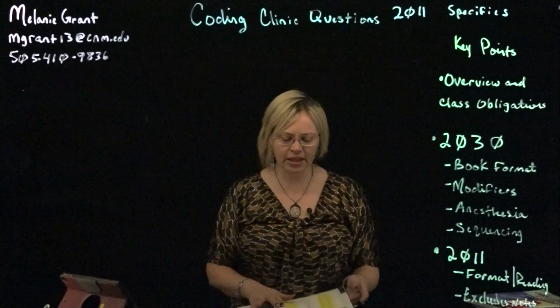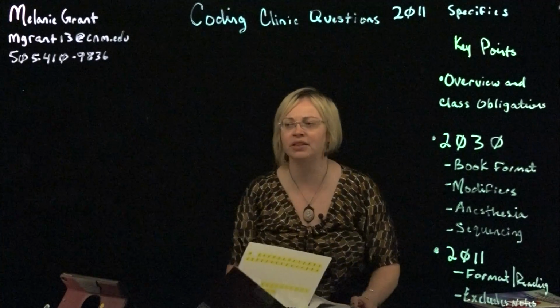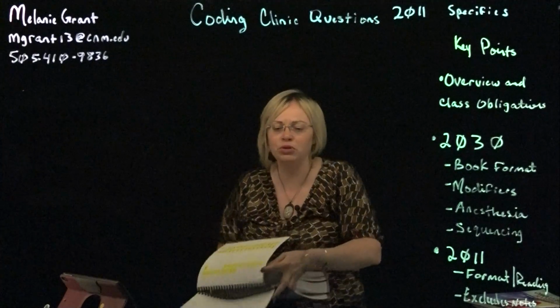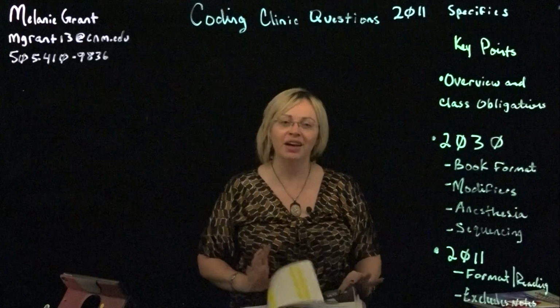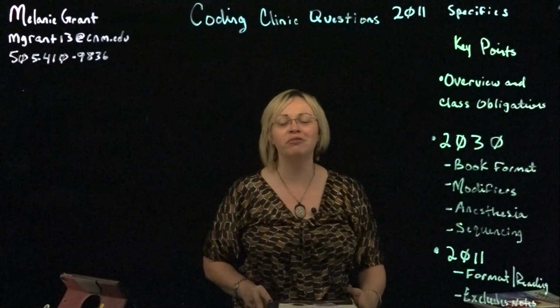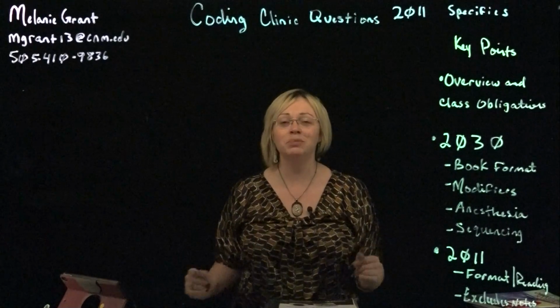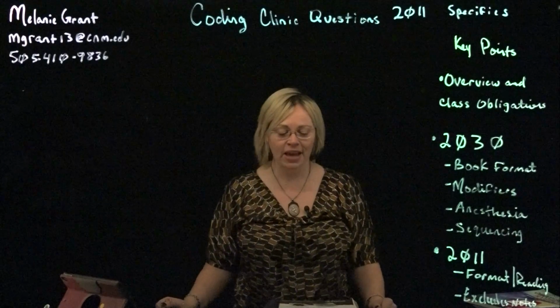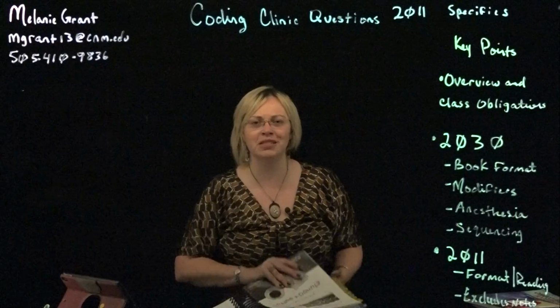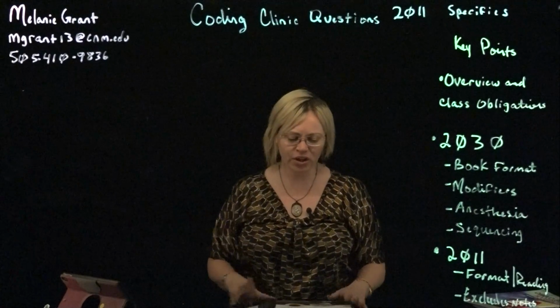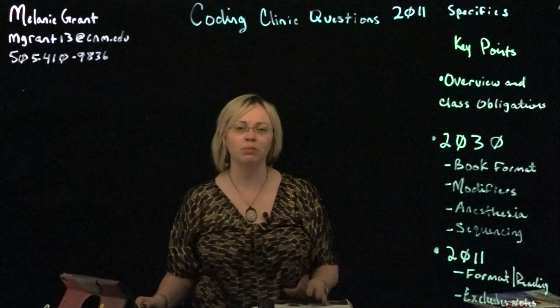So the first thing is, if you haven't done so already, there are all these really great tabs in the front of the book, and they help you to navigate between the sections of the book. Me personally, I carry all of my books because I teach multiple classes, and that's a lot of books. I like to put them in a rollaway suitcase, which means these tabs on the side can get a little squished if I have too many. So I try to keep it down to just the ones that are most important.